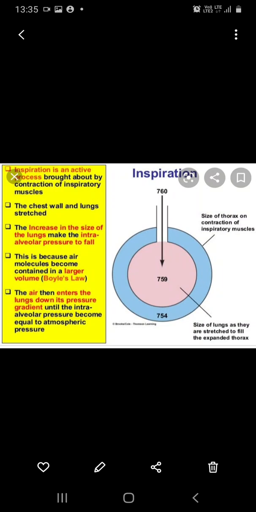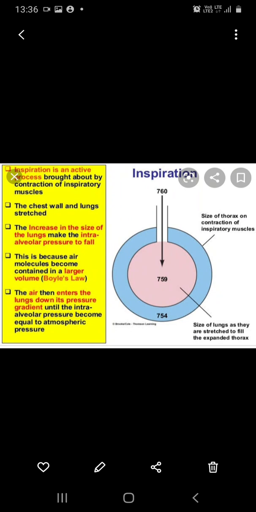Now, the respiratory process can be understood by examining the properties of the gases. As I have mentioned, the partial pressure of oxygen and the partial pressure of carbon dioxide.